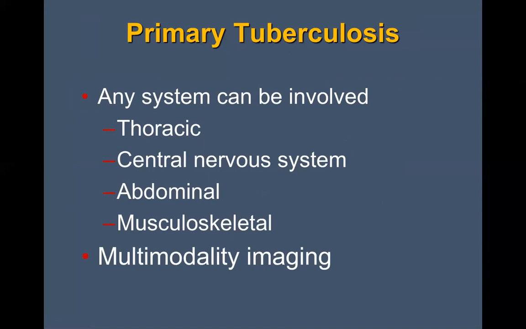We have many imaging tools in our armamentarium that you can use, and plain chest radiographs continue to be the mainstay of our imaging for children. But once you are worried about TB outside of the chest, then other types of advanced imaging really become very important. And we'll show some of these examples of when that can be really useful to you.